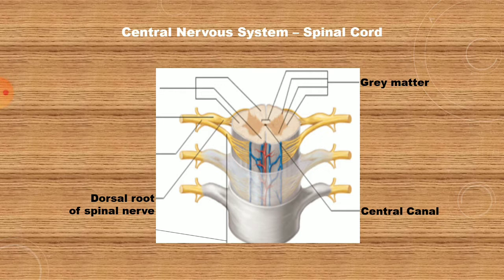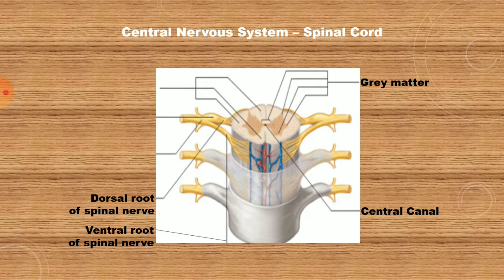The fibers entering the posterior horn form the dorsal afferent root, and the fibers passing out from the anterior horn form the ventral or efferent root.